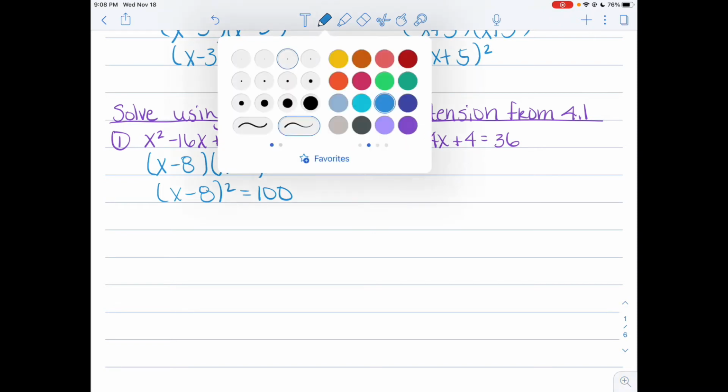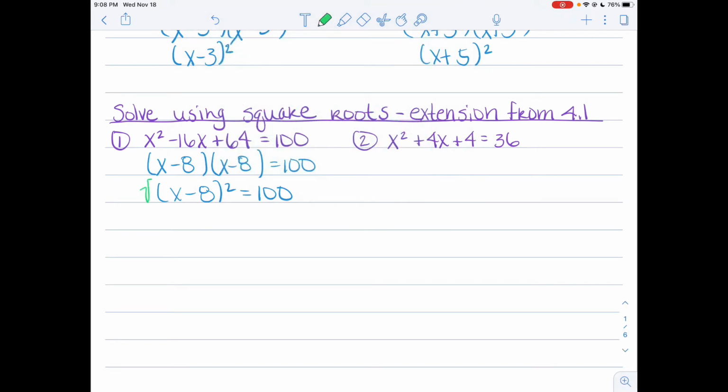All right, so let's go ahead and take the square root of both sides. Not forgetting the plus and minus, squeeze it in there. And remember that squared and square roots cancel each other, so that leaves me with x minus 8 here. And then plus or minus the square root of 100, which happens to be a perfect square.